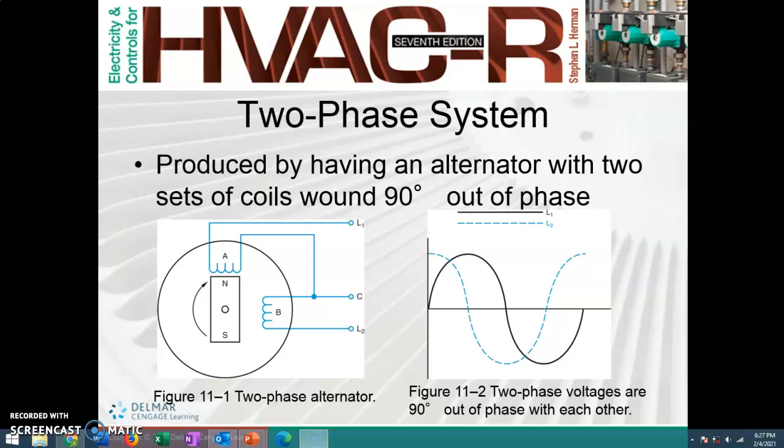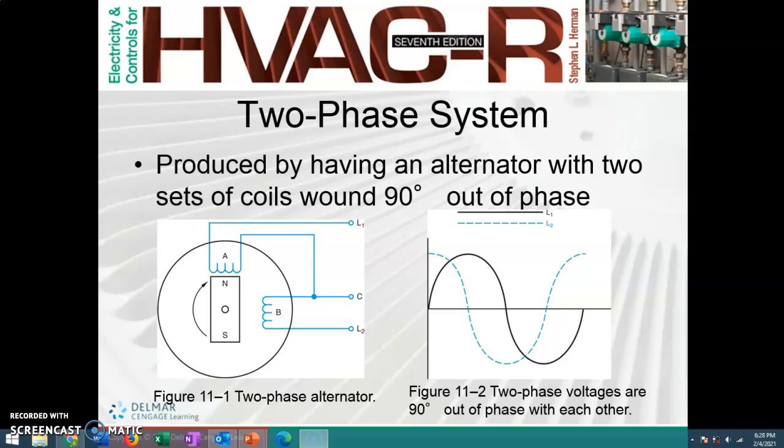So think of it kind of like a dog chasing its tail. It's never actually going to catch it, and it just runs in circles constantly. So as winding A is energized, the pole tries to get to winding A, but then immediately winding B is energized, so the pole tries to get to B, and then A, and then B, and the magnet just spins round and round, and then work is performed.